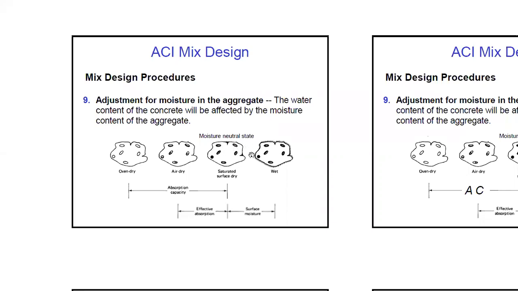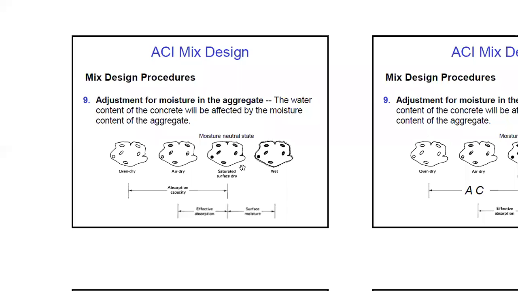But if the condition is either wet, or dry, either air dry or oven dry, what would happen is if you are adding water into the concrete, either it would go in to fill the gaps in the aggregates, or it would leave excess water on the surface, and the aggregate could start bleeding as well.